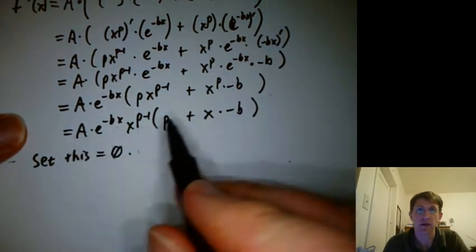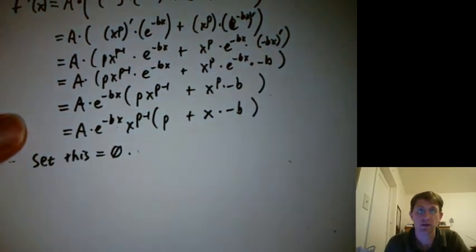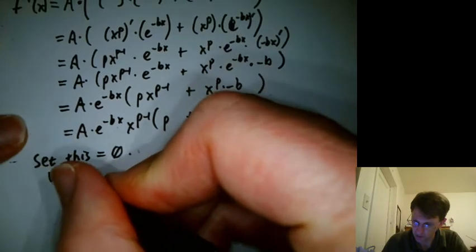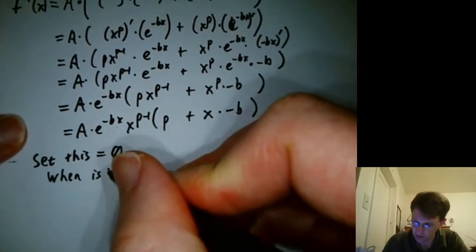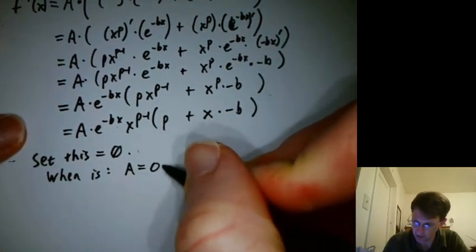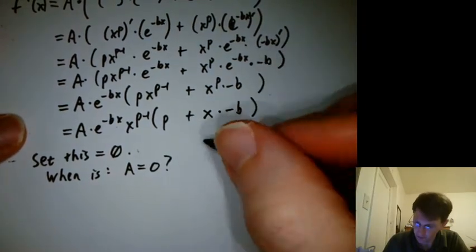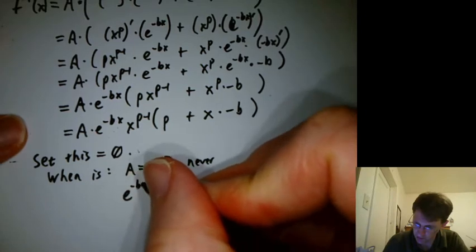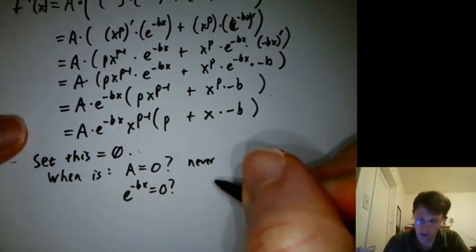This is a product. The only way a product can be 0 is if any of the factors are 0, at least one of the factors. So we can ask, when is a equals 0? Well, it said a was a positive constant, so never. When is e to the minus bx equal to 0?